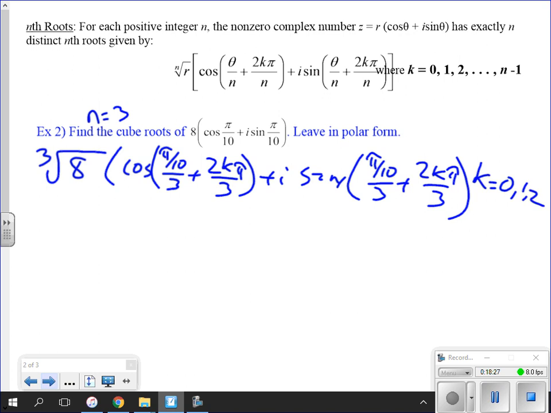This is our formula. This is our setup. This is not our final answer. This is our setup to get to our answer.